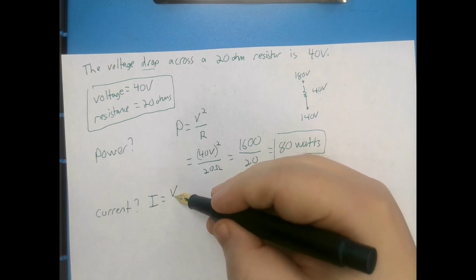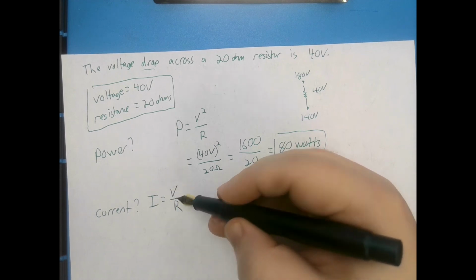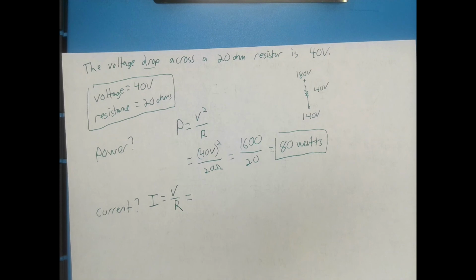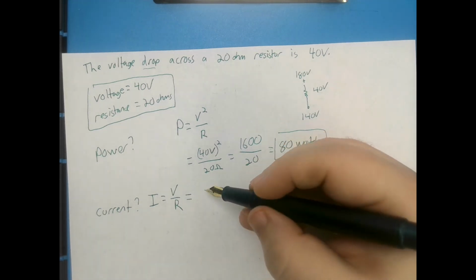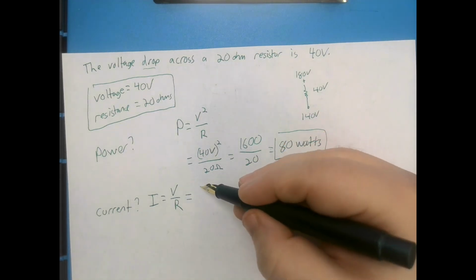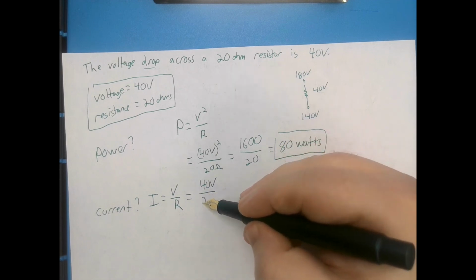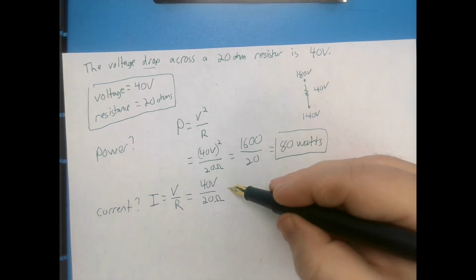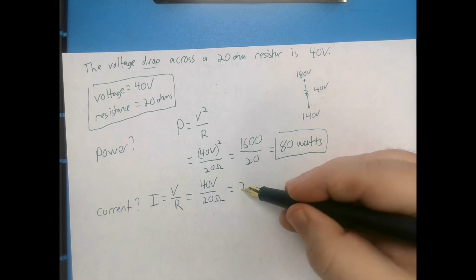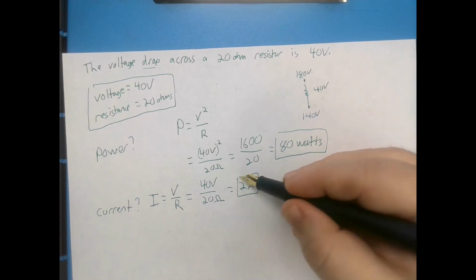So the voltage is 40 volts. The resistance is 20 ohms. And so we get current of 2 amps.